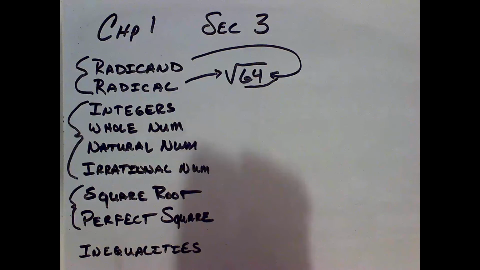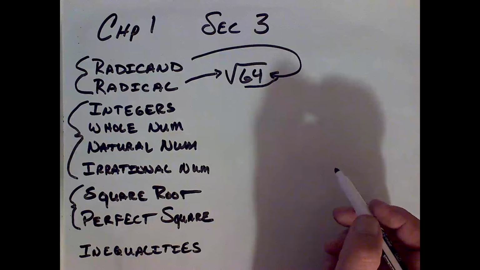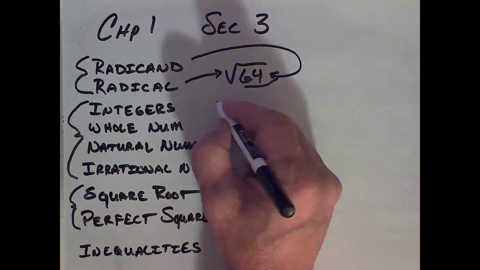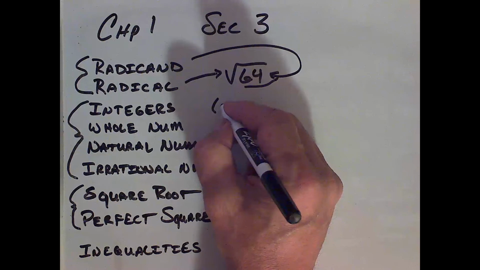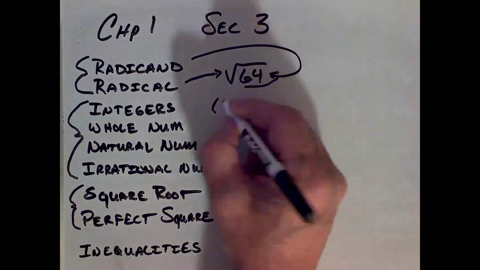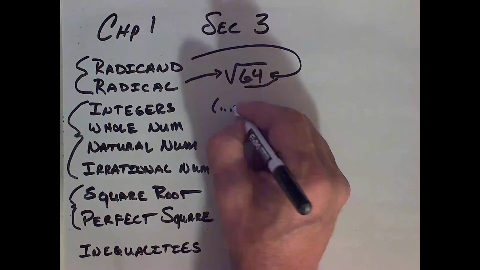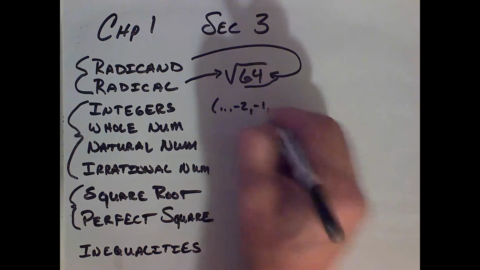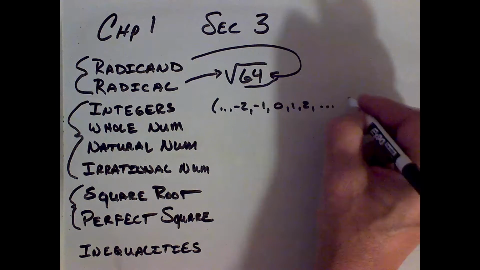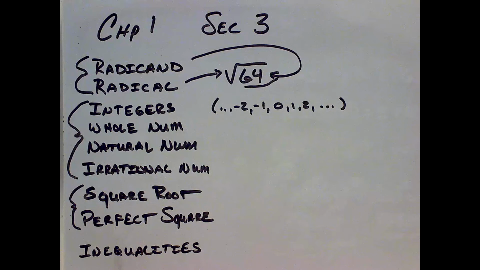Next, we have integers, whole numbers, natural numbers, and irrational numbers. Integers, and this is the way I want you to think of integers, is any number without a decimal. So we can go from -2 to -1 to 0 to 1 to 2, and it keeps on going either direction.